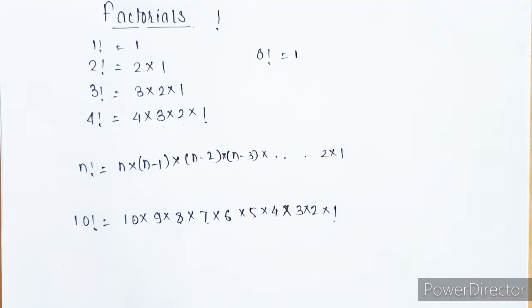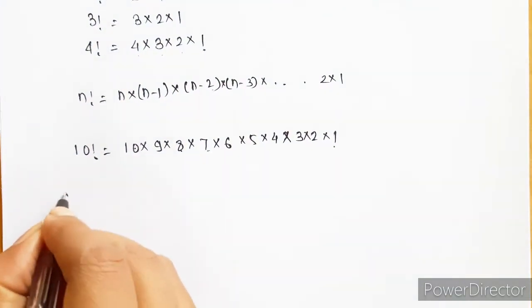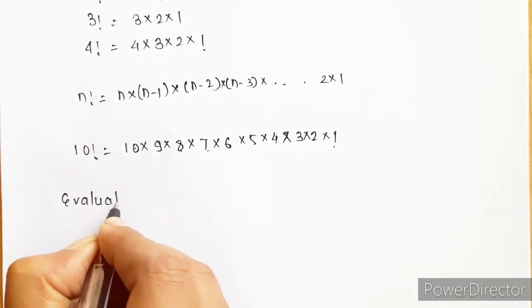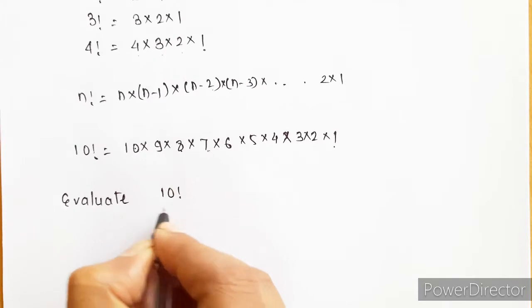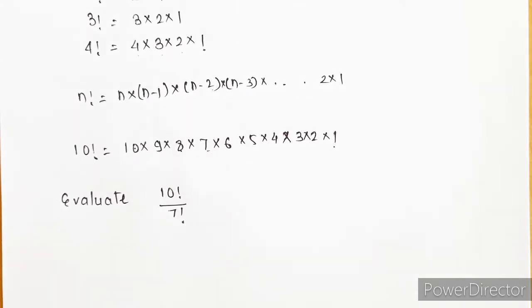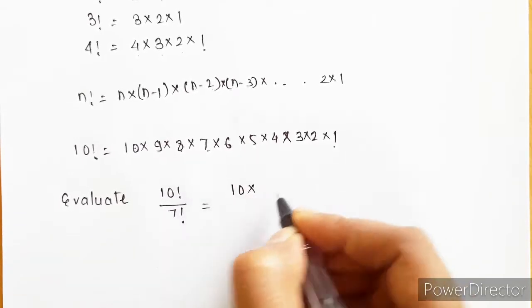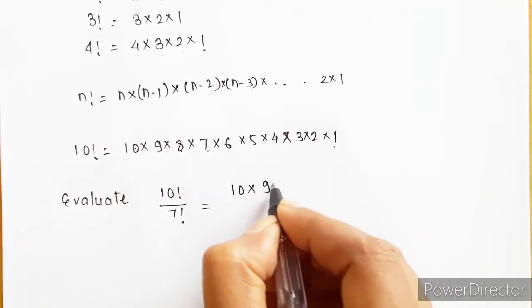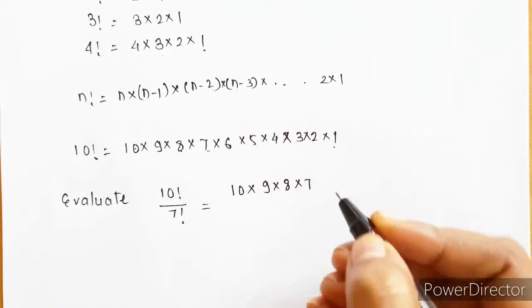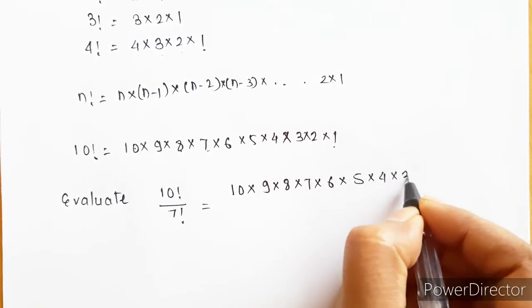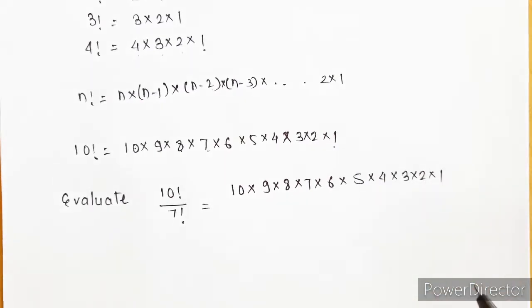Now suppose we need to evaluate, let us take one example, 10 factorial upon 7 factorial. Let me expand this. 10 factorial is nothing but 10, 9, 8, 7, 6, 5, 4, 3, 2 and 1.